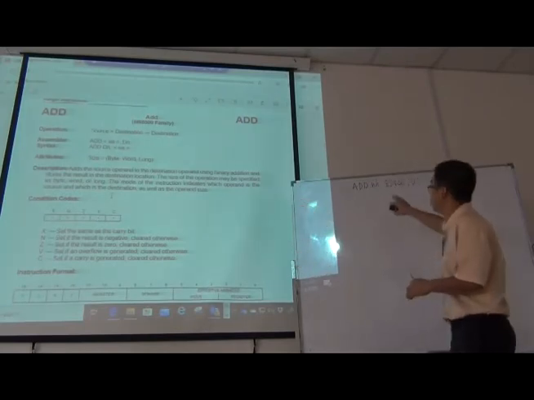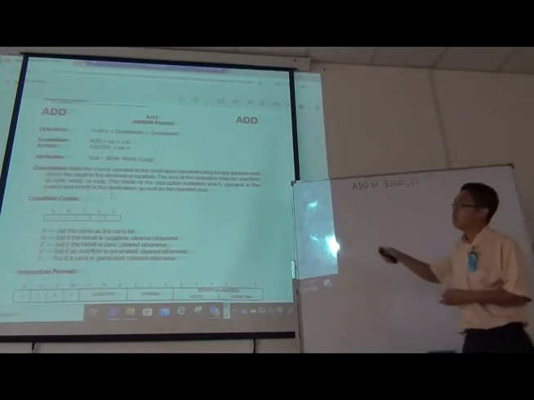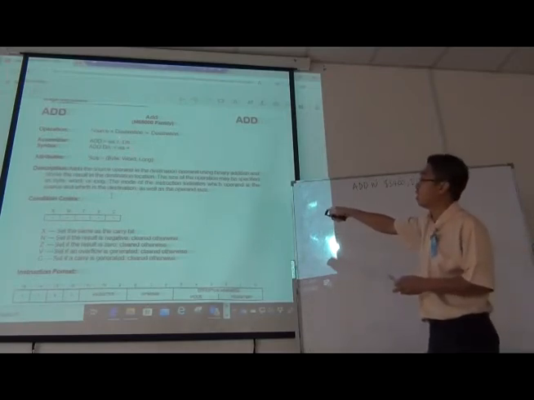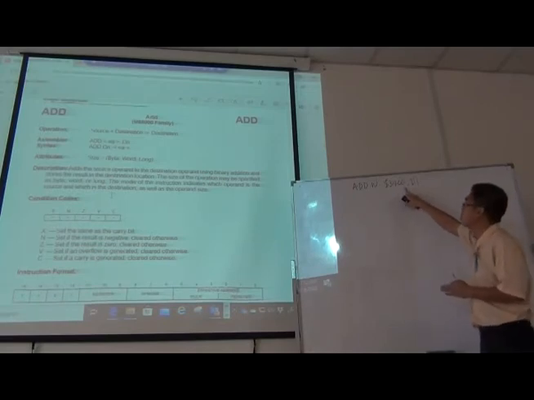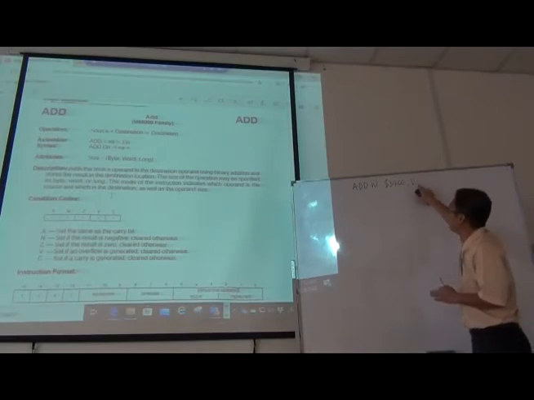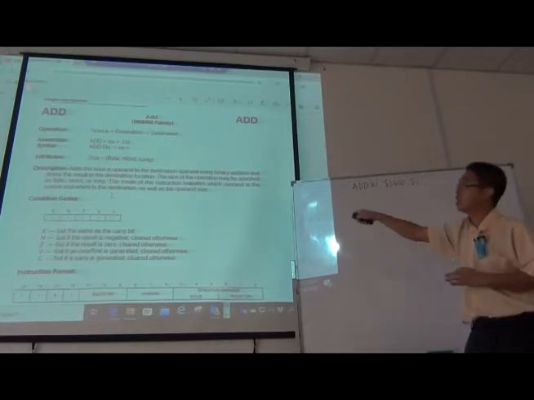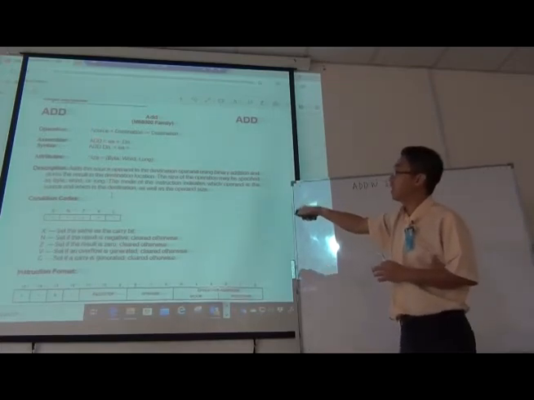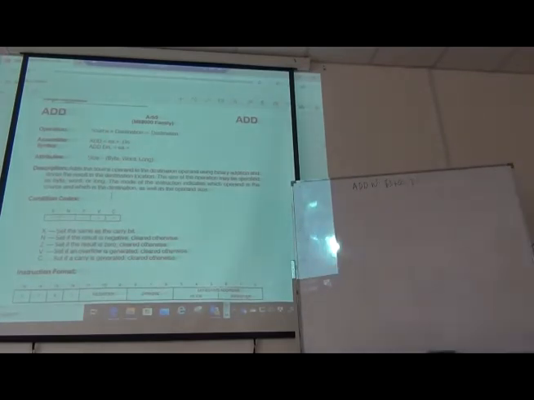Based on this command, you can pick the first one over here, because the data register is at the destination. So you have to add one, and later you are going to save at D1. So right now this is the pattern. The condition code I just skip for a while, it's not really important at the moment.